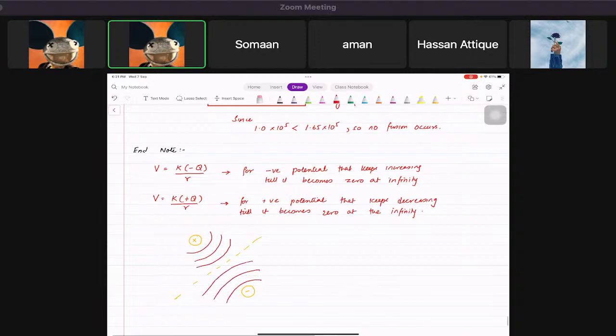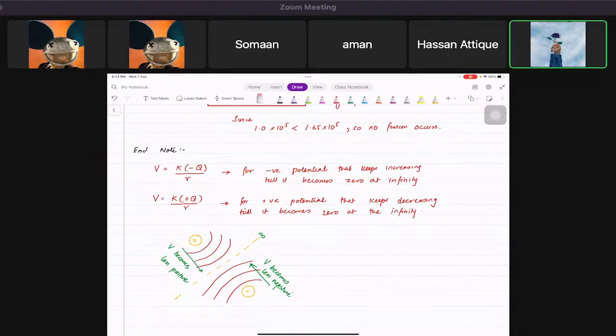Then we must understand that for positive, if you're going towards the infinity, potential becomes less positive, and when you go here, from negative potential, potential becomes less negative. Is it clear, everybody? Okay. Yes. Very good then.